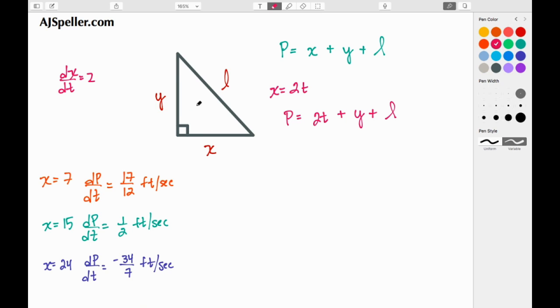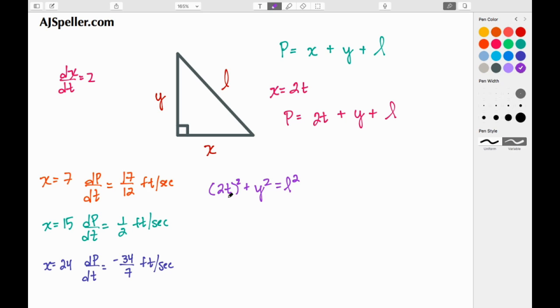Remember that we have a right triangle, so we can fall back to the Pythagorean theorem. We have X squared plus Y squared is equal to L squared. To solve for Y squared, we need to subtract X squared from both sides. Actually, I'm not going to use X squared; I'm going to use what we said X is, which is 2t. So really we have (2t) squared plus Y squared is equal to L squared.